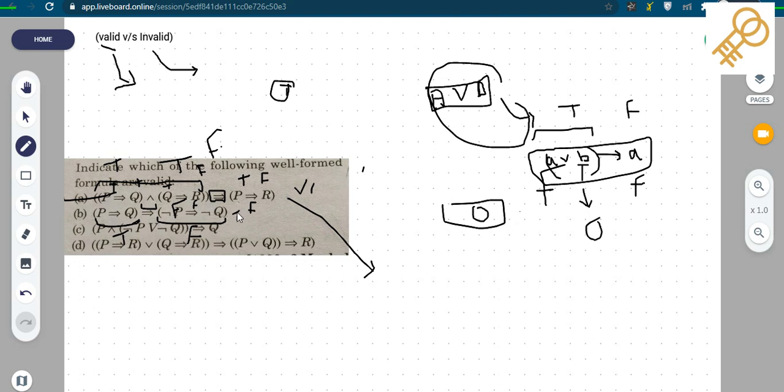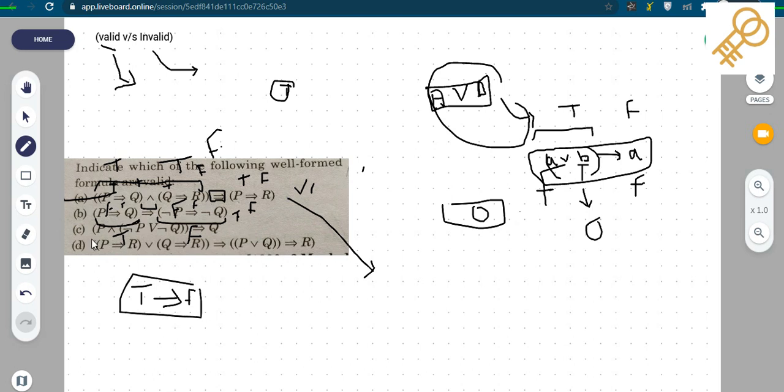Now we'll put the left hand side, P as false and Q as true. So P is F implies true will give us a true value. So we are able to find a true value on the left hand side, and true implies false will give us a false value. So this is an invalid expression because we are able to find these conditions.